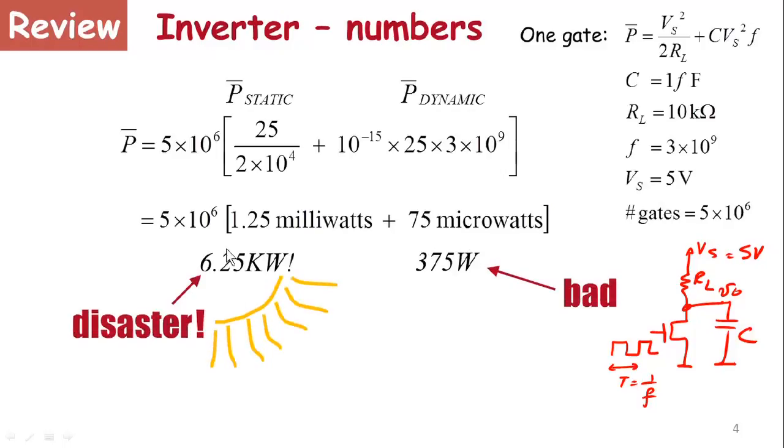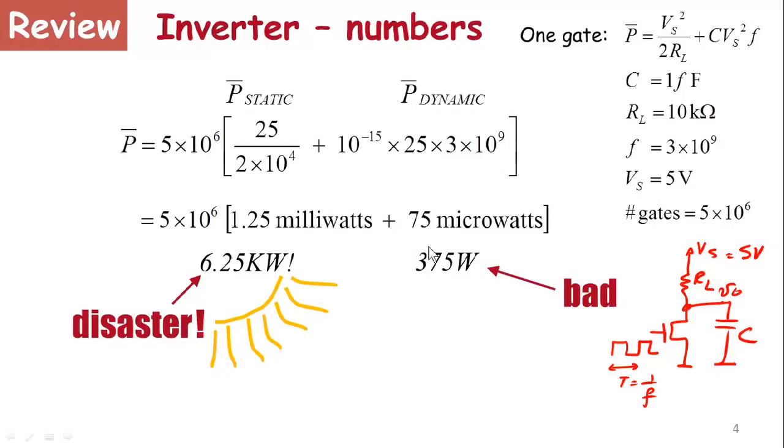Now, the 6 kilowatts, which is the equivalent of about 4 to 5 irons that you would use to iron your clothes, that is a total disaster. And recall the example I used was that much power, 6 kilowatts coming out of a 1 square centimeter chip, is equivalent to the amount of power coming out of 1 square centimeter of the sun's surface. So that is a total disaster. It is a non-starter.